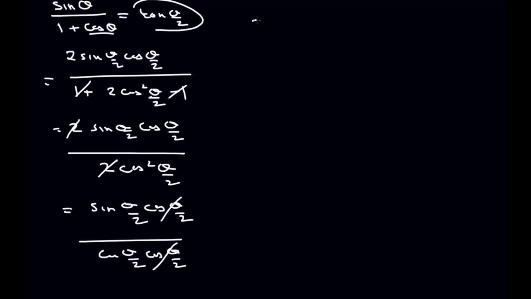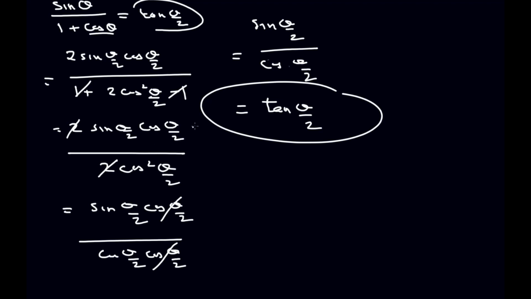Then what will be left is sine theta over 2, cos theta over 2, rather. Remember, we got cos here, okay? That was just a typo. So here now we know that this is the same as sine theta over cos theta, and this gives you tan theta over 2. So this is another method.